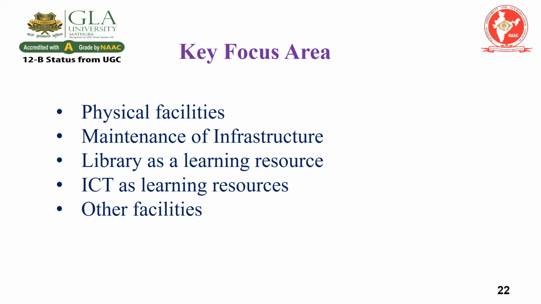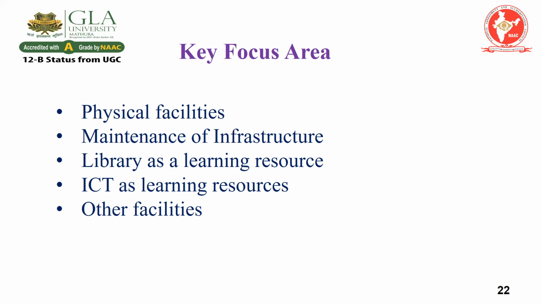In the infrastructure, we can have a lot of things. The buildings where we have the rooms. As per the number of students, do we have enough classrooms, tutorial rooms or labs or not? If you have a library, what is the capacity of that library? What is the number of books we have in the library, and is the library online accessible or not?